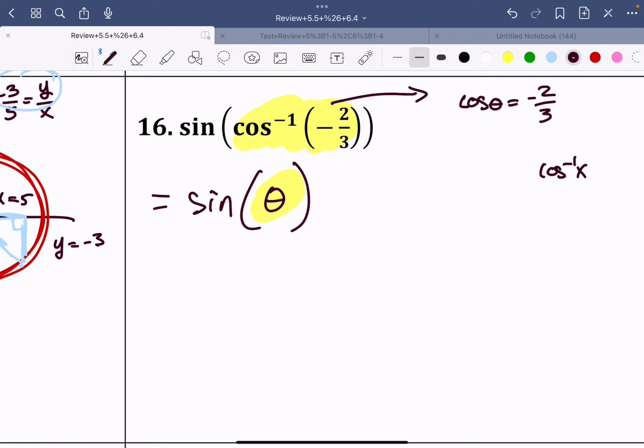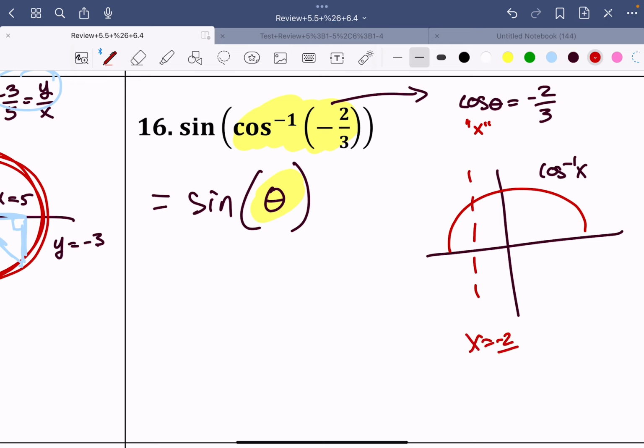But if you're undoing cosine to get back to that angle, you must restrict yourself to the top. By restricting myself to the top, I know if I'm looking for an x of negative 2/3, it must have been over here. So I'm looking for this value, right? Here, it's telling you that x is equal to negative 2 and r is equal to 3.